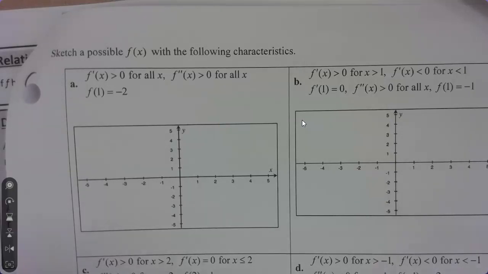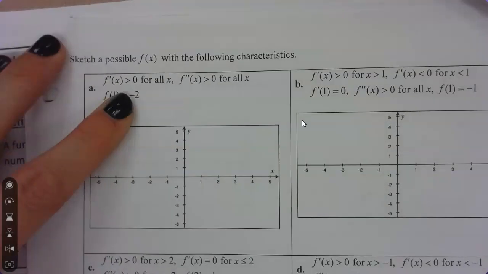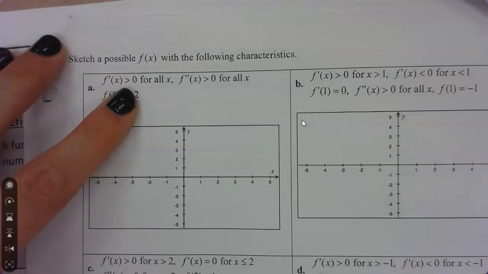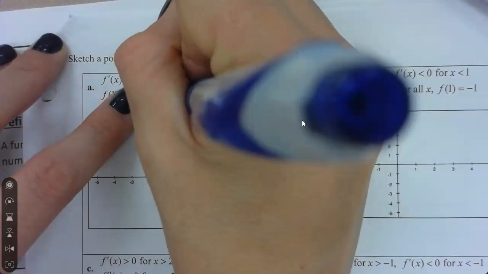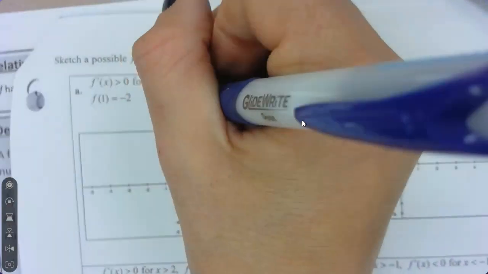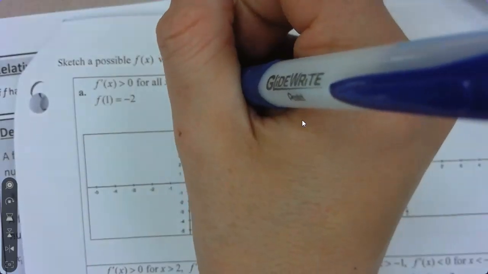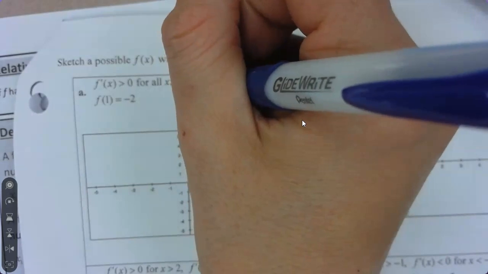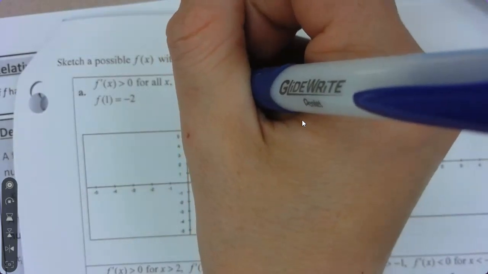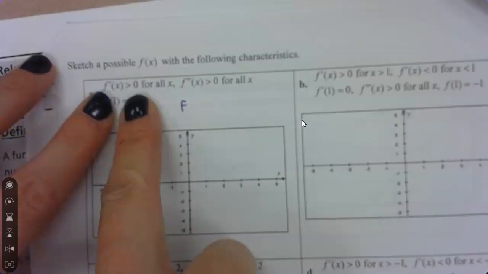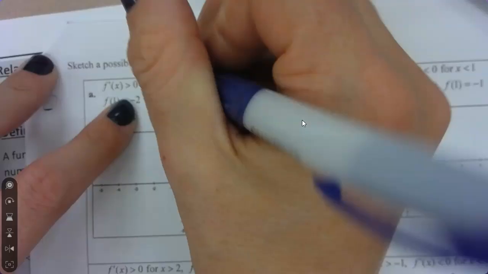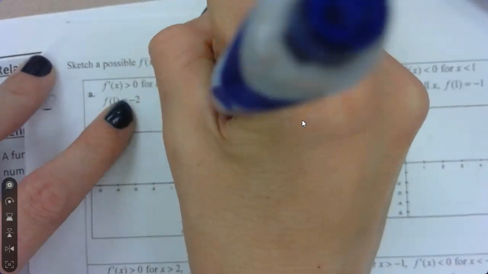So for example, if the derivative is positive, then f of x has to be what? No. So if the derivative is positive, f of x is increasing. Does it have to be greater than 0? So if f prime is positive for all x, then f is increasing always.